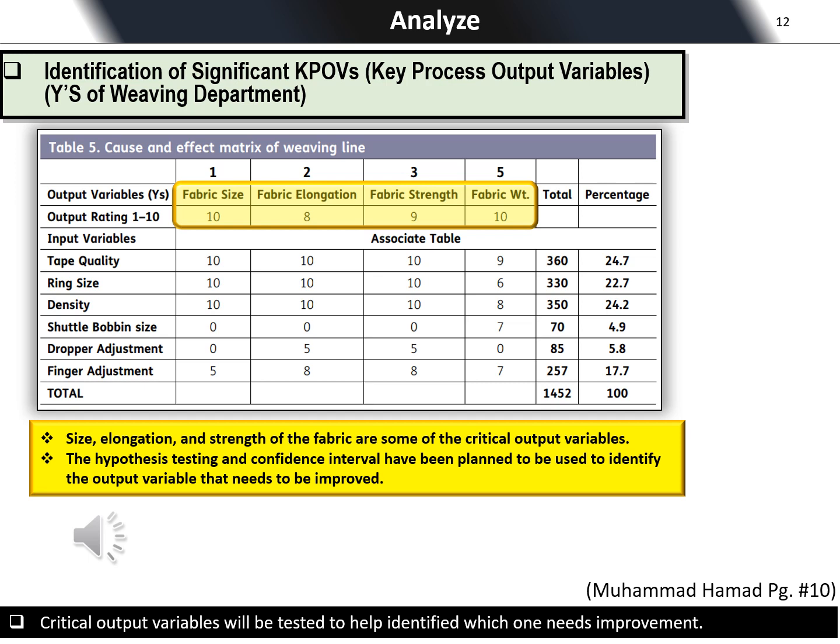The hypothesis testing and confidence intervals have been planned to be used to identify the output variables that need to be improved. Critical output variables will be tested to help identify which ones need improvement.